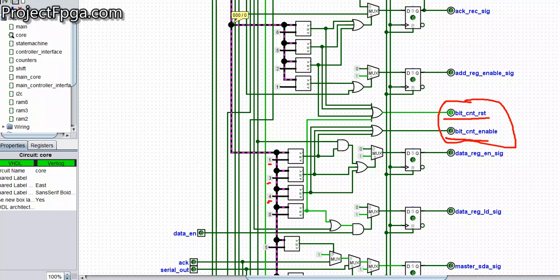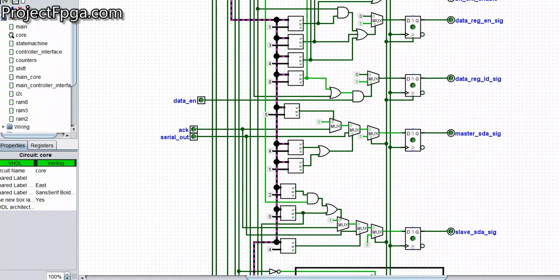So we have to count to know the number of bits we have received or transmitted. This is just to tell you that the bit counter doesn't count randomly. It has a time when it resets and starts counting. Remember, by convention we are adding 8 bits of data.